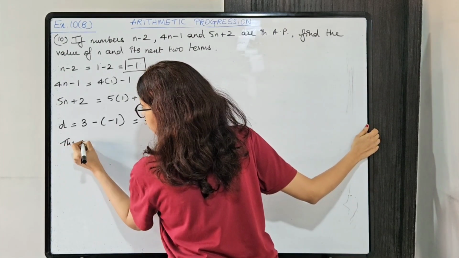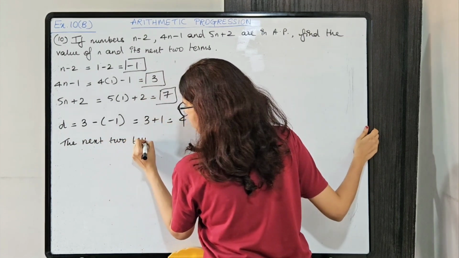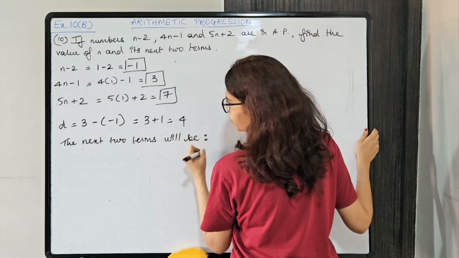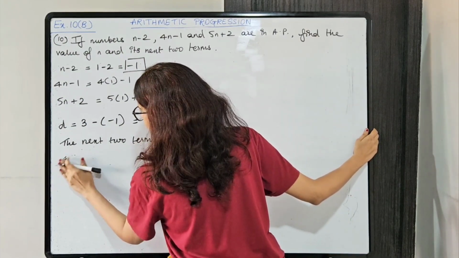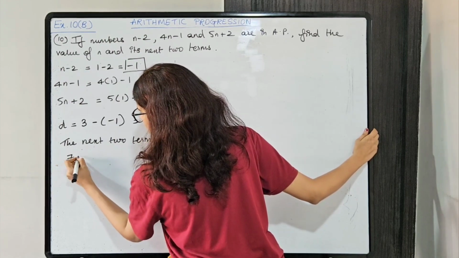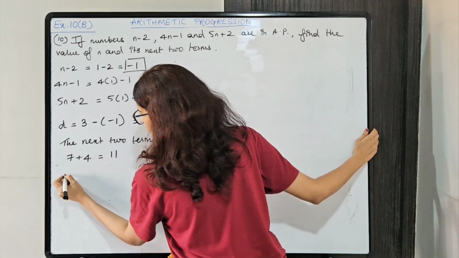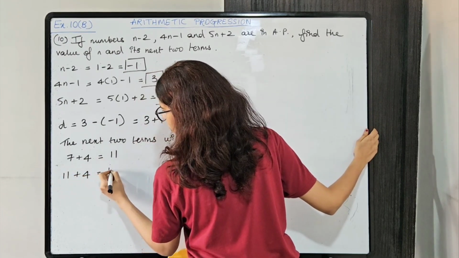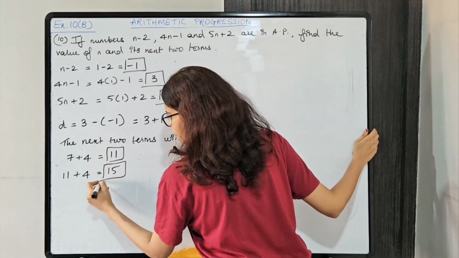The next two terms will be 7 plus 4, which is 11, and 11 plus 4, that will be 15. Okay, so next two terms are these.